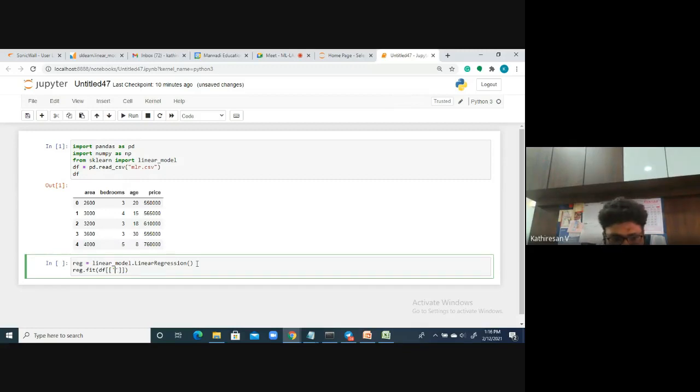The first attribute is area, the second attribute is bedrooms, the third attribute is age, then price.